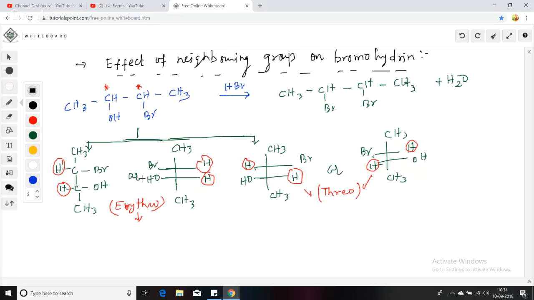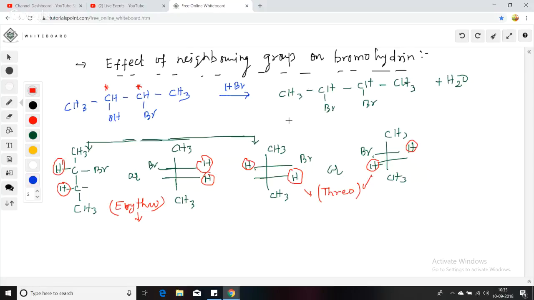So let me write this here. Now we are talking about the structure of the product.